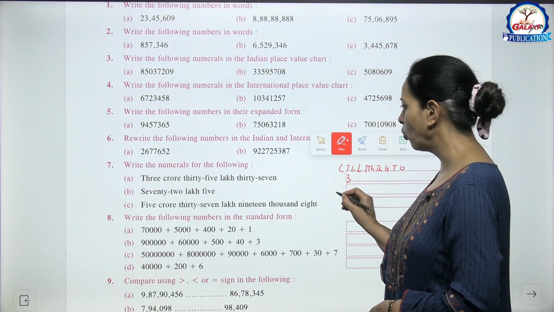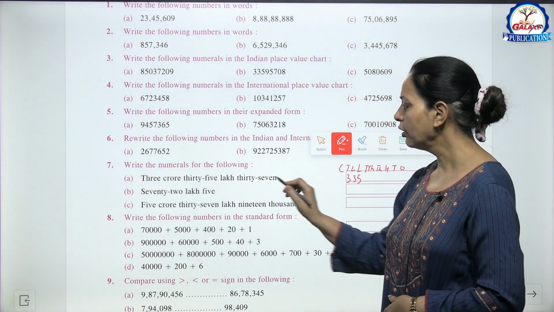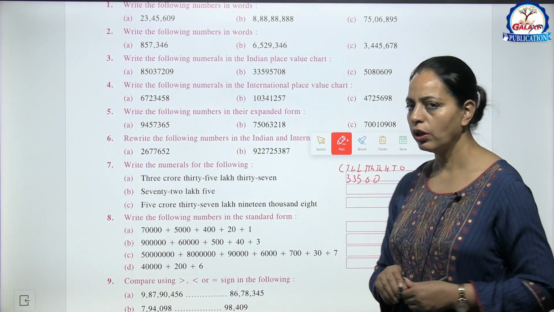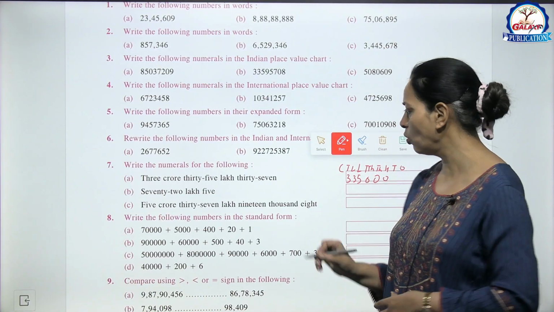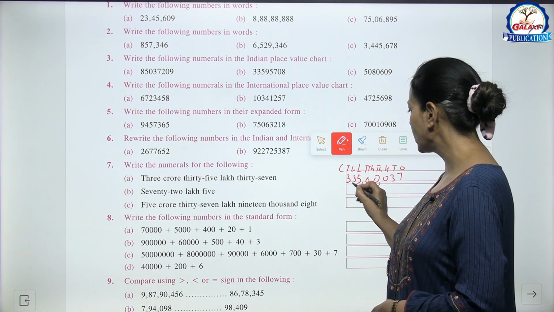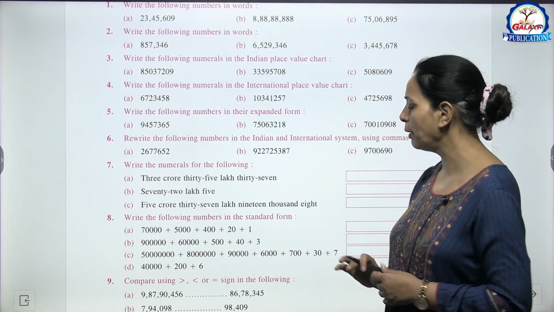So 3 crore 35 lakh. Here thousand is missing, it means 0, and 37 means hundred digit is also missing. So 0, 3, 7. Okay. I hope this is clear to you. Very simple. Similarly, you can try the remaining parts.